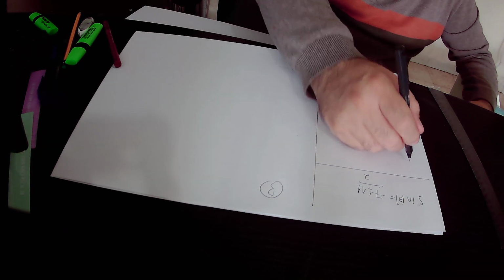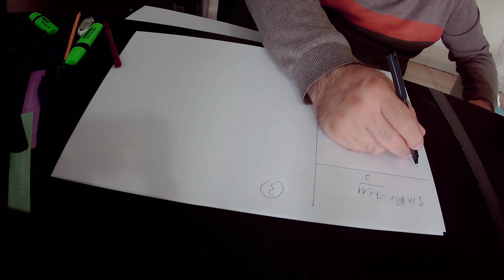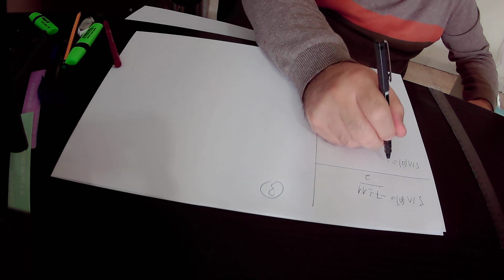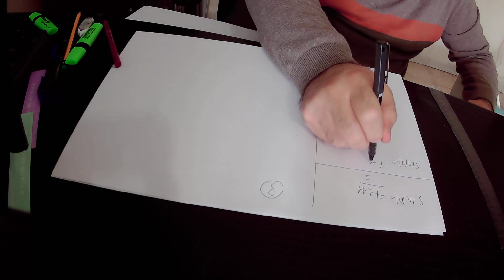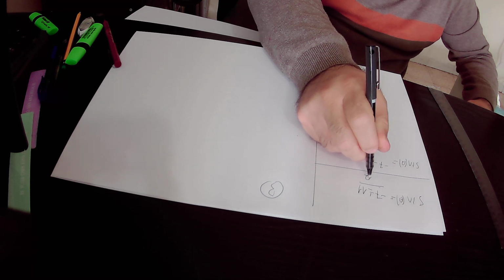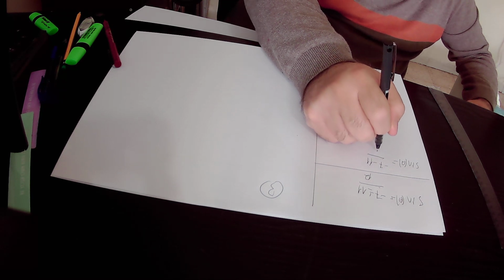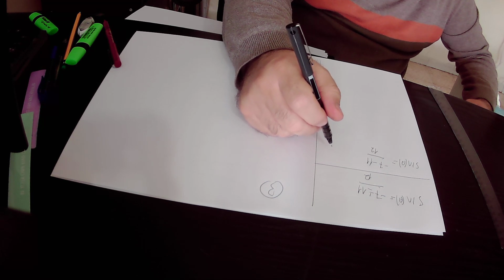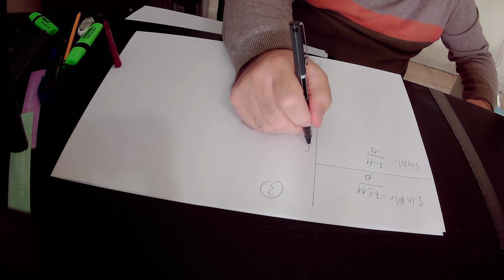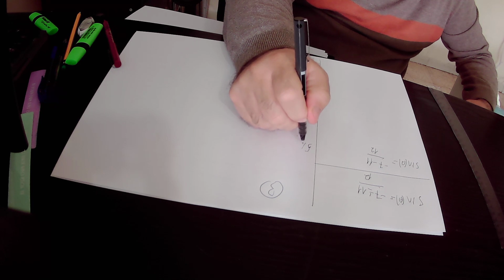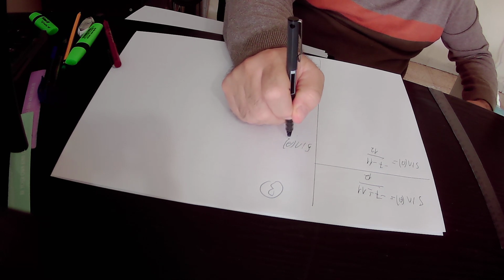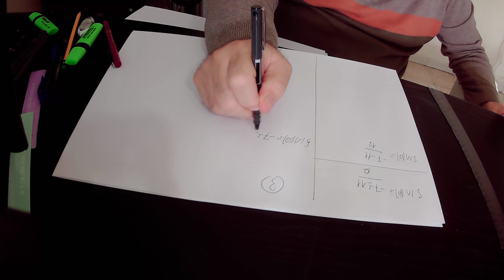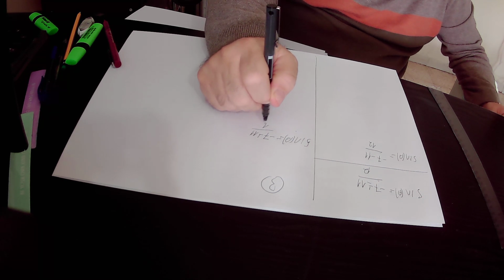The first solution is that sine theta is equal to minus 7 minus 11 over 12. And the second solution is that sine theta is equal to minus 7 plus 11 over 12.